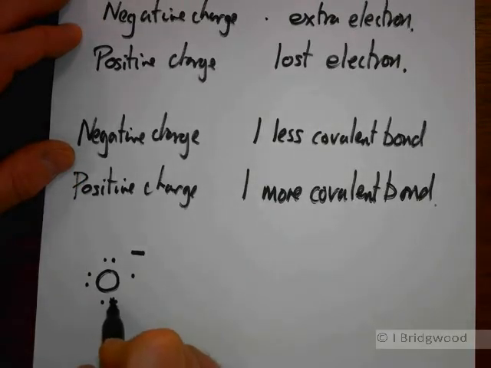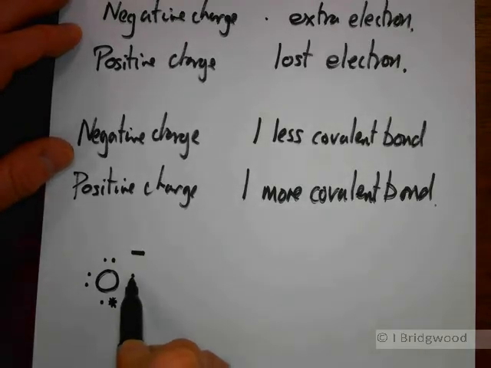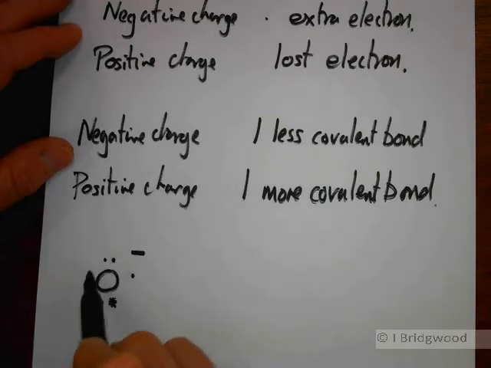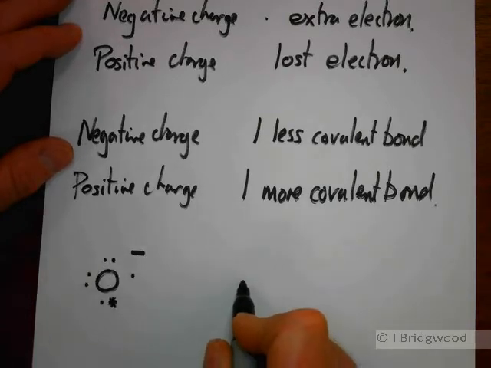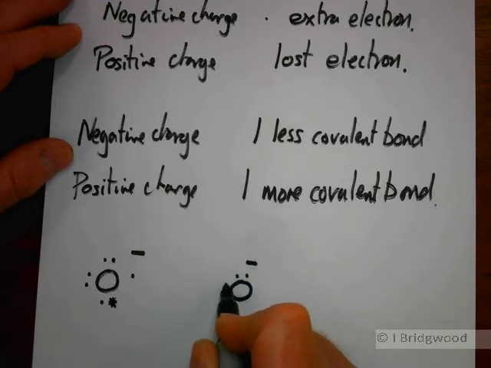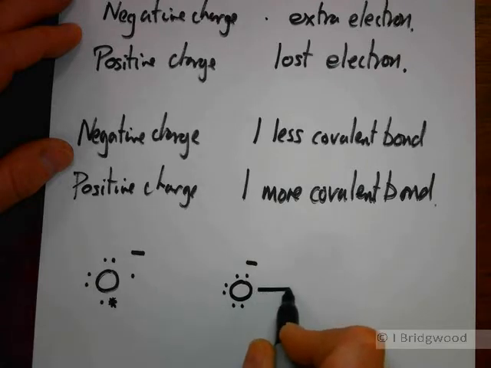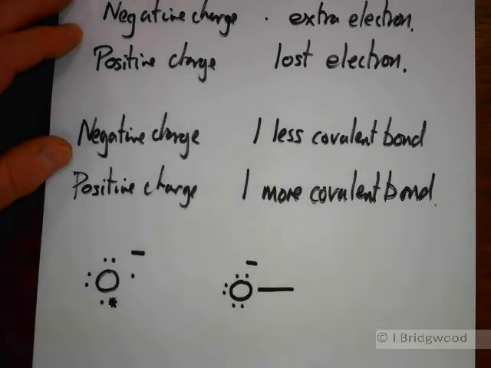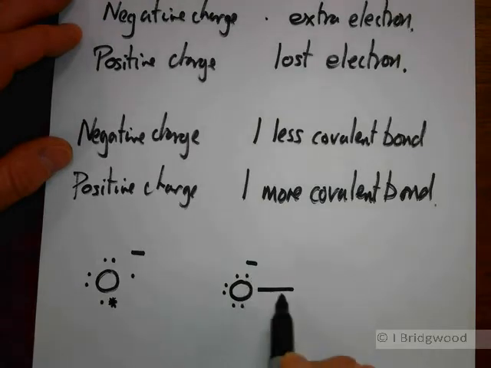Let's make that a little star, shall we? Like that. So there's our electron. Therefore we need only 1 more electron to complete the octet. So if we have a negative charge on the oxygen, it now has that sort of arrangement. So one covalent bond required with a negatively charged O-.